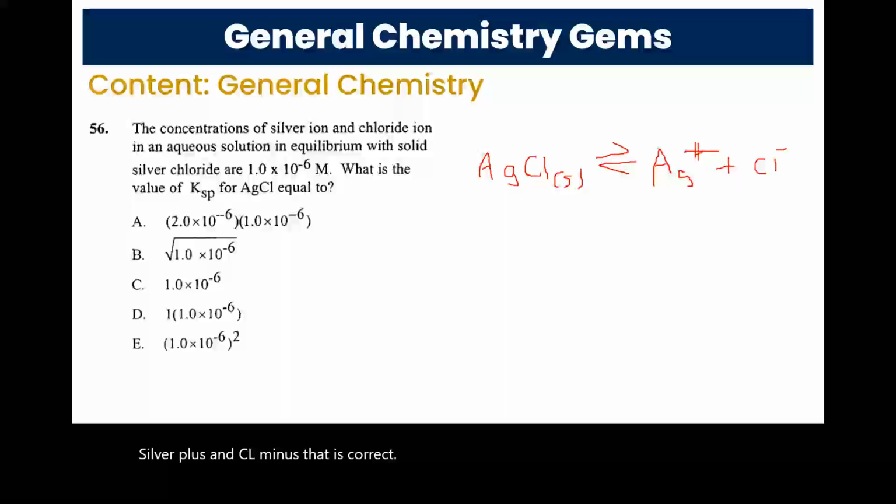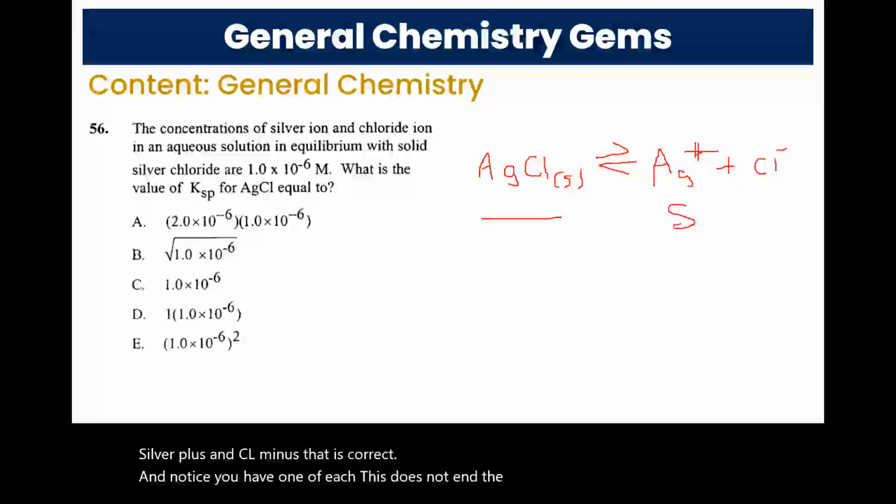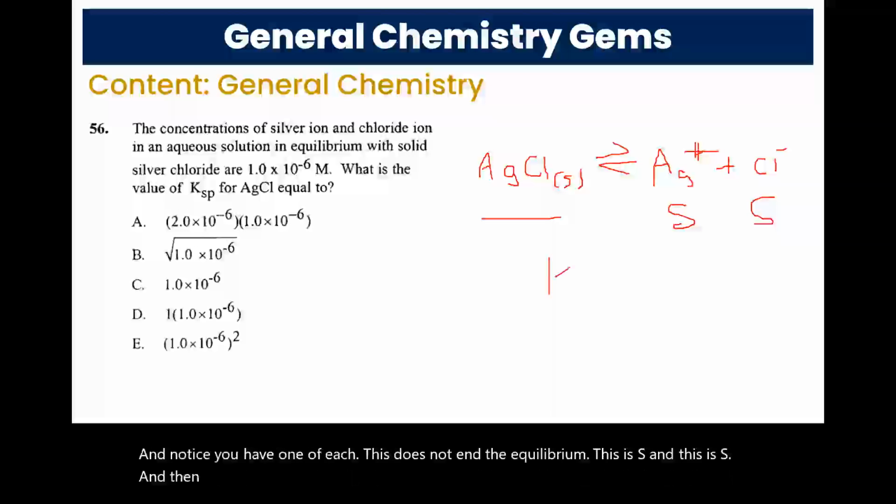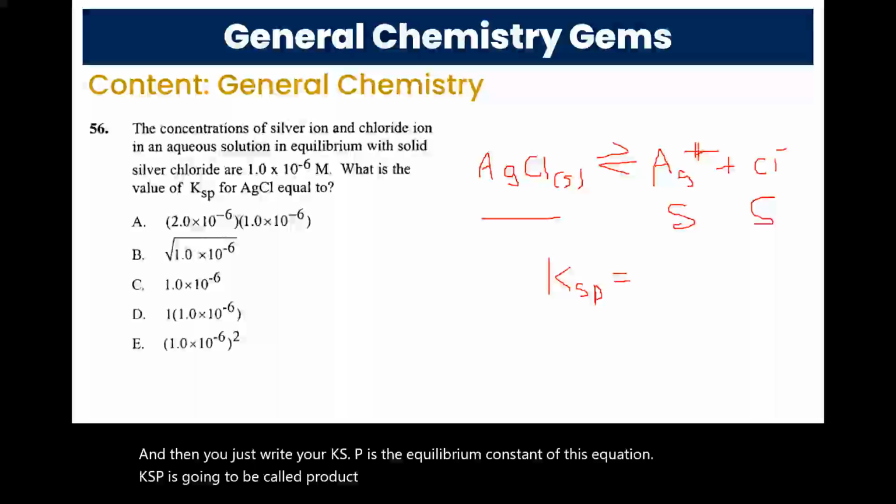And notice you have one of each. This does not end in the equilibrium. This is S and this is S. And then you just write your KSP as the equilibrium constant of this equation. KSP is going to equal products over reactants. So what is my equation for this KSP?